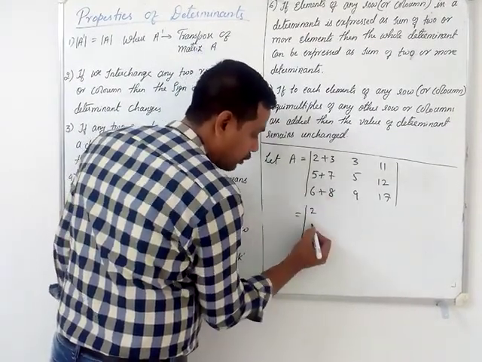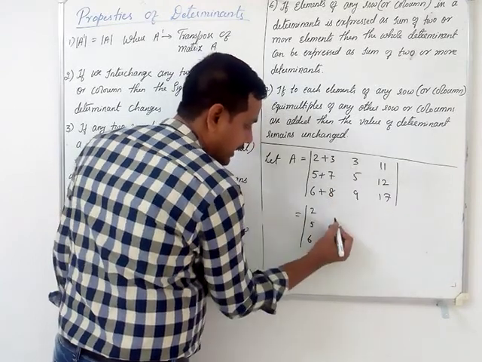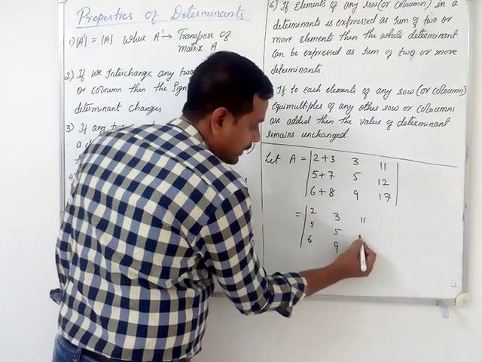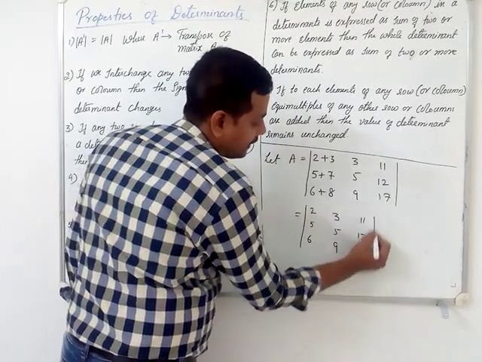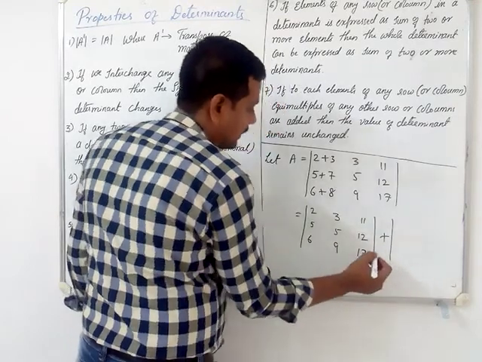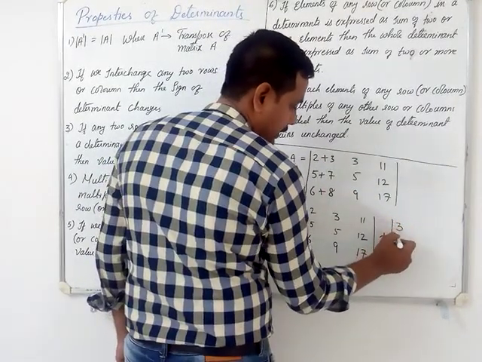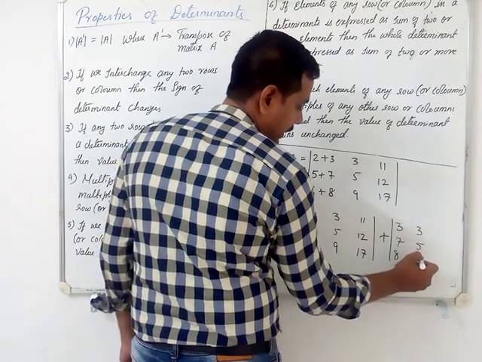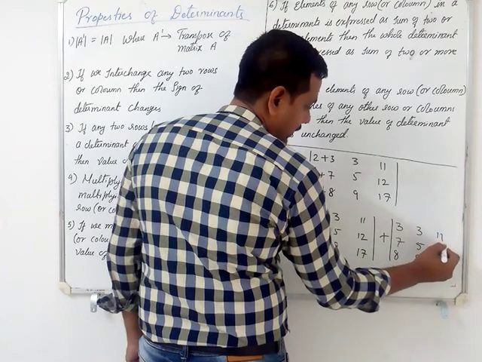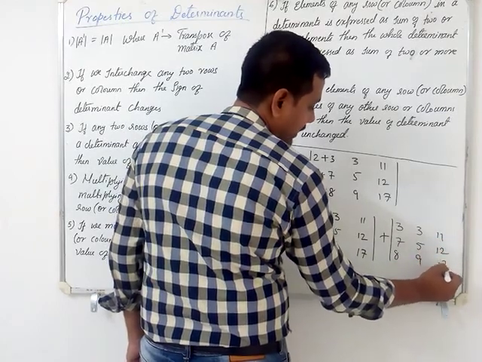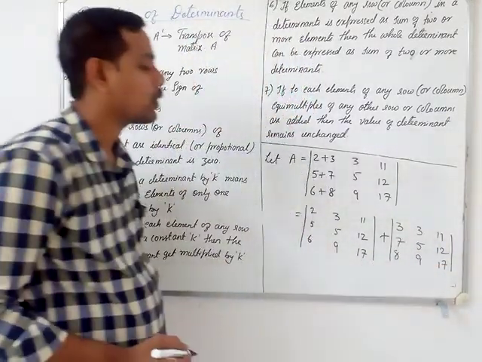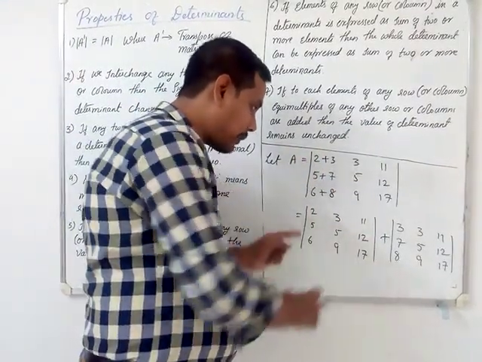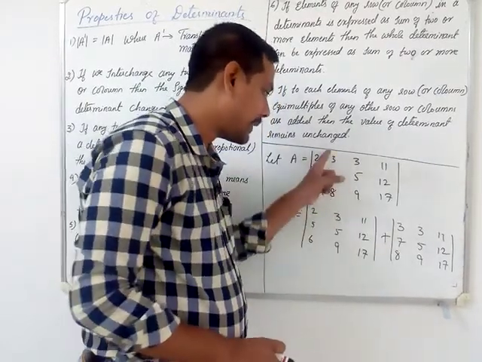That is, in the first determinant you write the first column 2, 5, 6, then 3, 5, 9 and 11, 12, 17, plus the second one with 3, 7, 8, then 3, 5, 9 and 11, 12, 17. This is how you can express it. This thing is split: in the first determinant you get the first part, in the second determinant you get the second part.